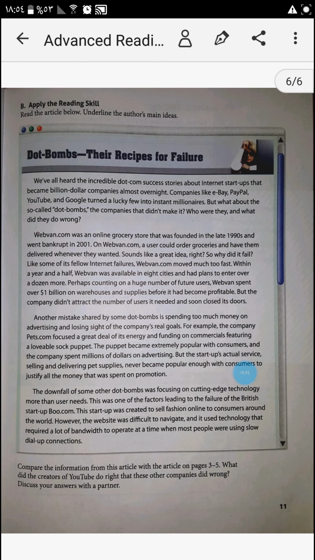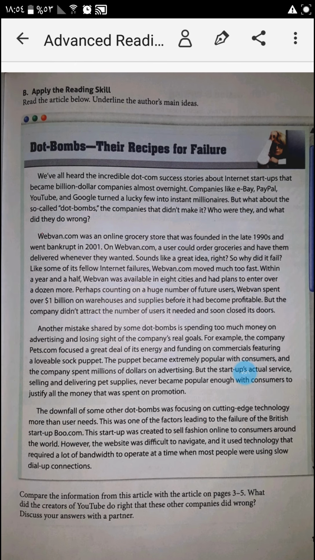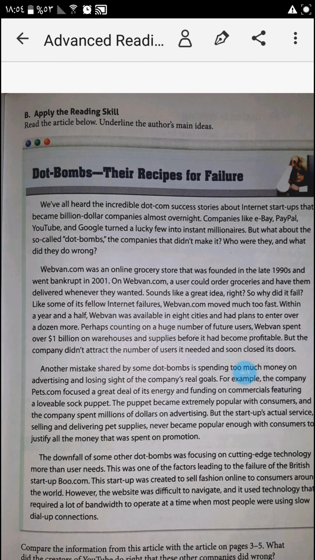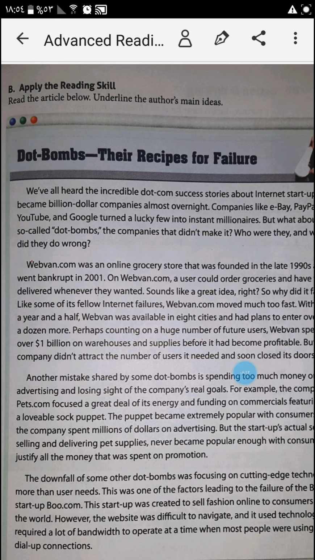Okay, and here in this reading we have a new article, and we have to underline the author's main idea. So you are required to underline the idea of the writer, and he is talking in this article about dot-bombs, their recipes for failure.